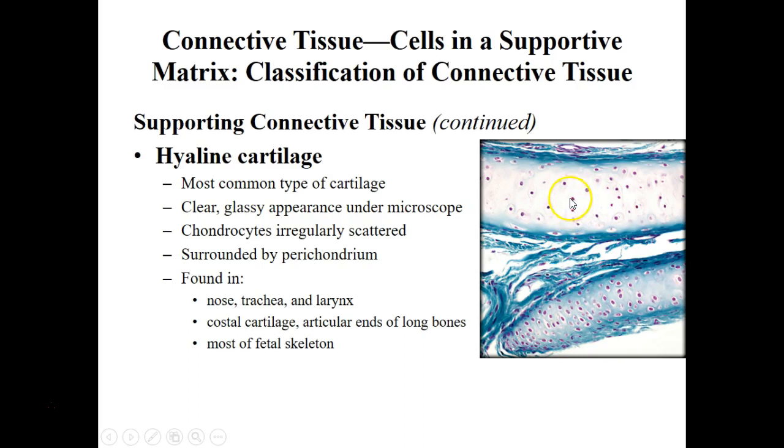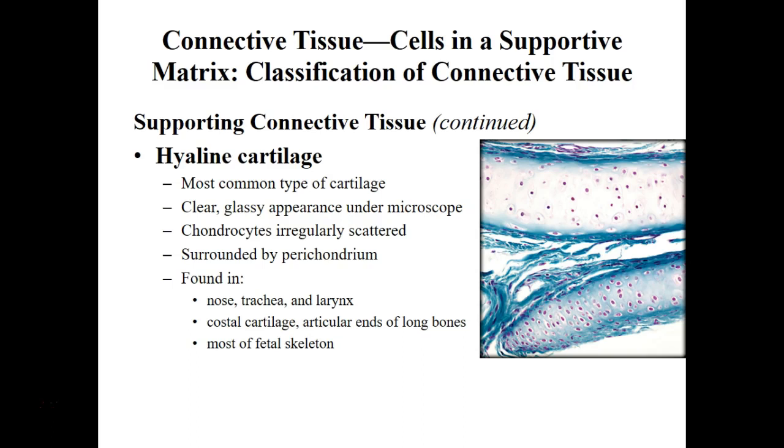The wells are known as lacuna, where the chondrocytes sit inside. Chondrocytes that are young or new are called chondroblasts, and they produce the extracellular matrix, which is that gelatinous matrix. Then once they are surrounded by the matrix, they become mature chondrocytes and just maintain that matrix.